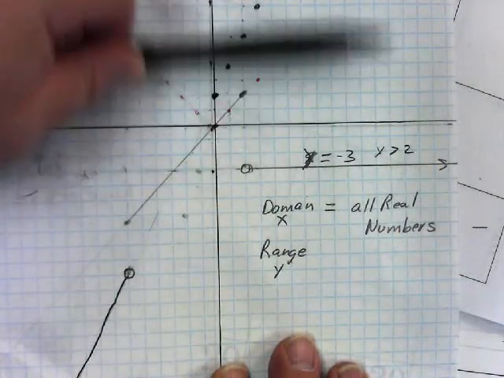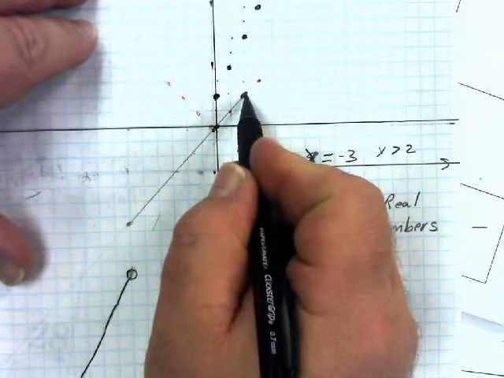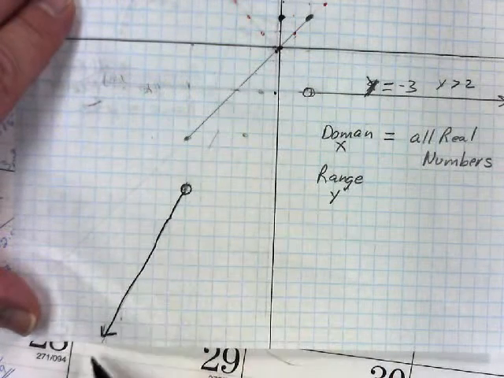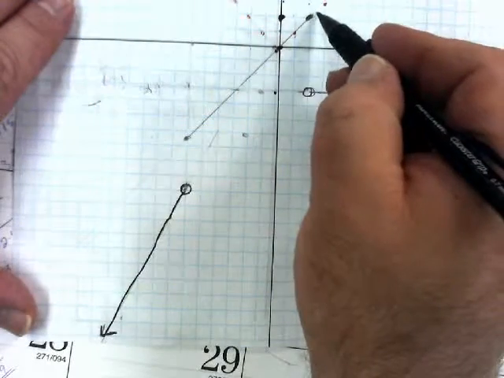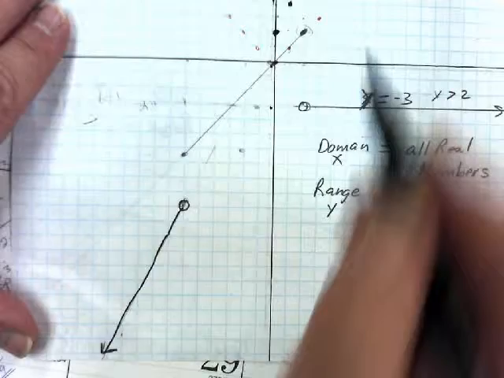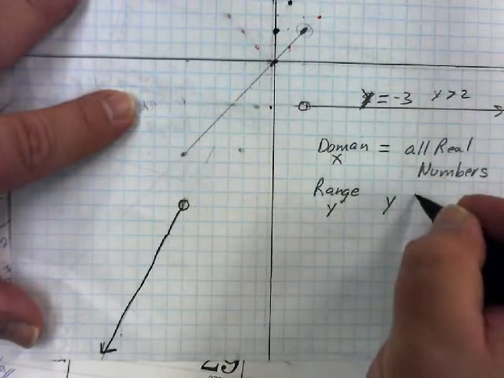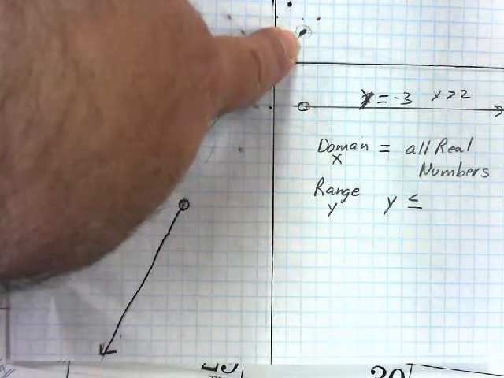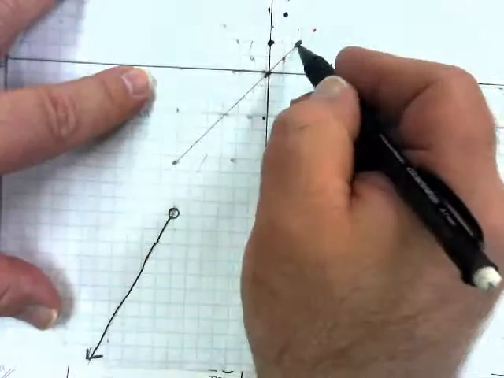And this one keeps going down forever, doesn't it? So wouldn't I have to say that my y values are always going to be smaller than this right here? So the y is going to have to be less than or equal to, in this case, because that's a dot. It includes that point. And that point on the y value is a 2, isn't it? So the range would be y is less than or equal to 2.